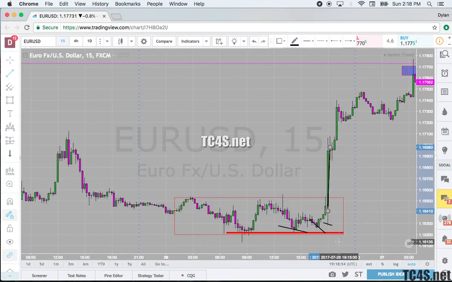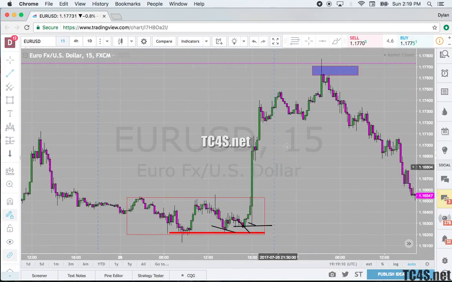you can place stop loss at break even, or you can choose to place it into profit somewhere in this range, 10, 15, 20 pips, depending on how big the move was. Now this was a 100 plus pip move.